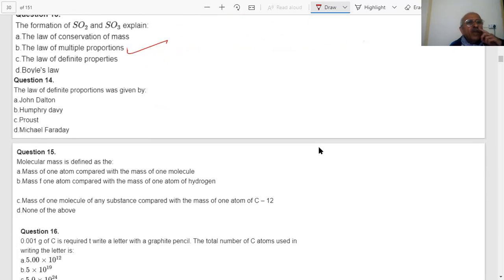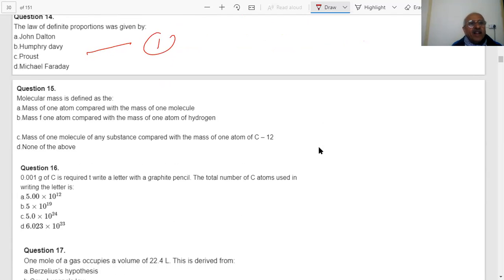The law of definite proportion was given by, who gave the law of definite proportion, students? Sir Joseph Louis Proust. Okay, next question.